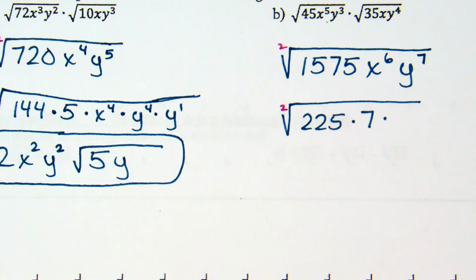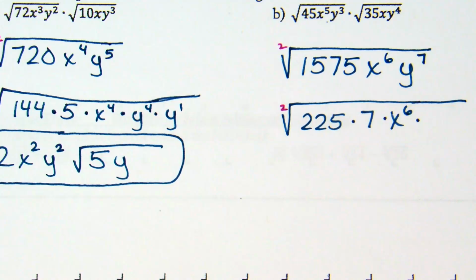Remember with powers, we're just dividing by the root. 6 divides by 2, so we'll leave x to the 6th. As long as it's even, it's good here. Y to the 7th. Can I take the square root of y to the 7th? No, 7 does not divide by 2. Closest number below 7 that divides by 2: y to the 6th. So I'm going to break this up into y to the 6th times y to the 1st.